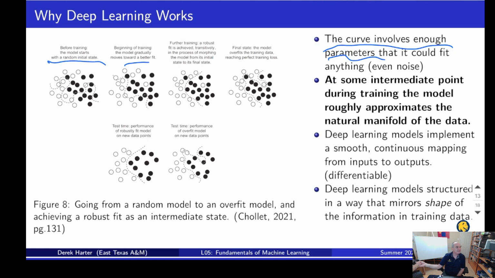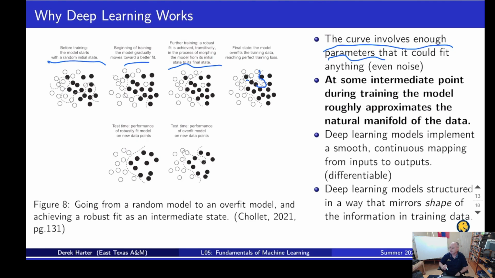Then at some intermediate point during training, the model roughly approximates the natural manifold of the data. So this is where we've reached the boundary where we're not overfitting yet, kind of in here. What happens on a deep network is that it will start overfitting at that point.